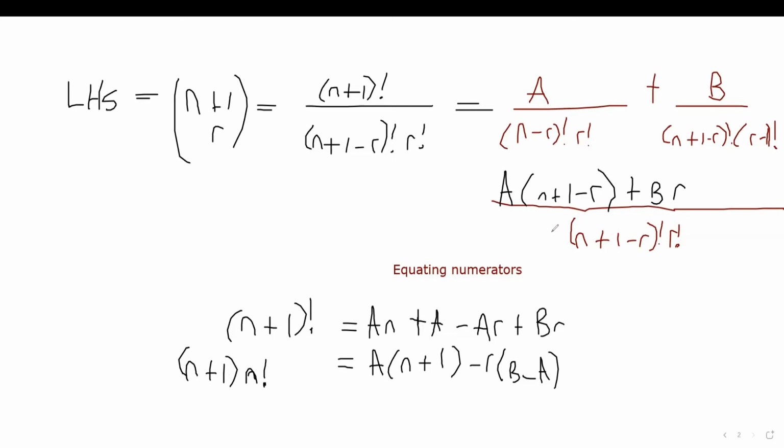Now, let me see if I have an ar cancel somewhere. This is minus ar, I factored out this now. So what this wants to tell me then, but we know that this is supposed to be n factorial.